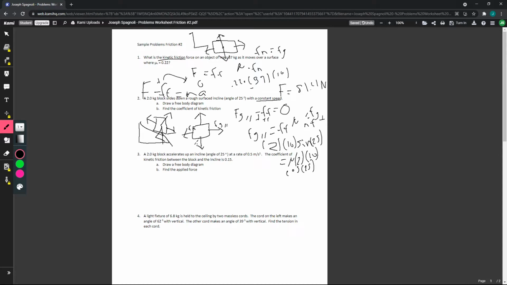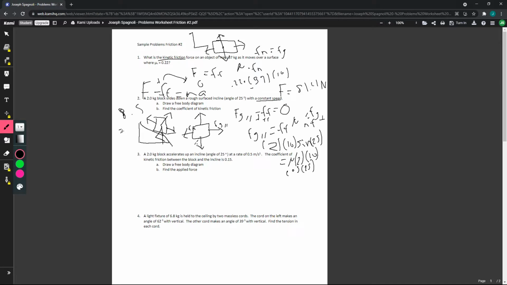Quite messy, but to simplify, we have force of gravity parallel, 2 times 10 times sine of 25, and we set that equal to force of friction, which is mu, which is what we're looking for, times mass times gravity times cosine of 25. Now I'm going to go grab my trusty calculator. You guys should do this at home if you're following along, and punch in the numbers. 2 times 10 times sine of 25. The left side of the equation comes out to 8.5, I'm rounding up.